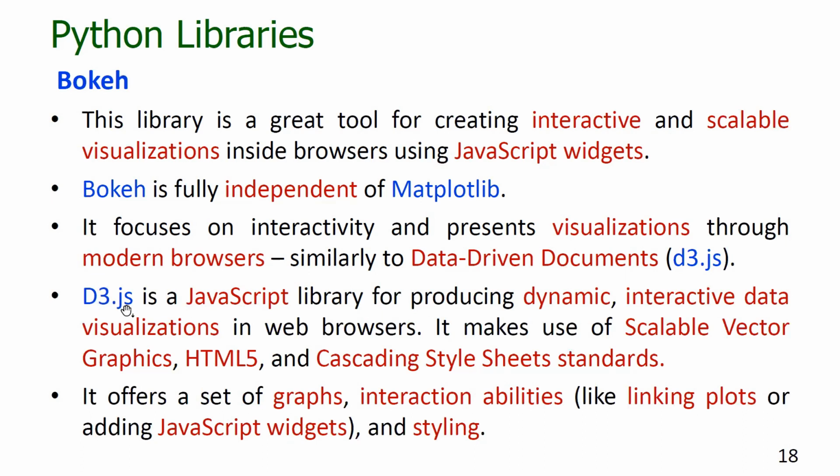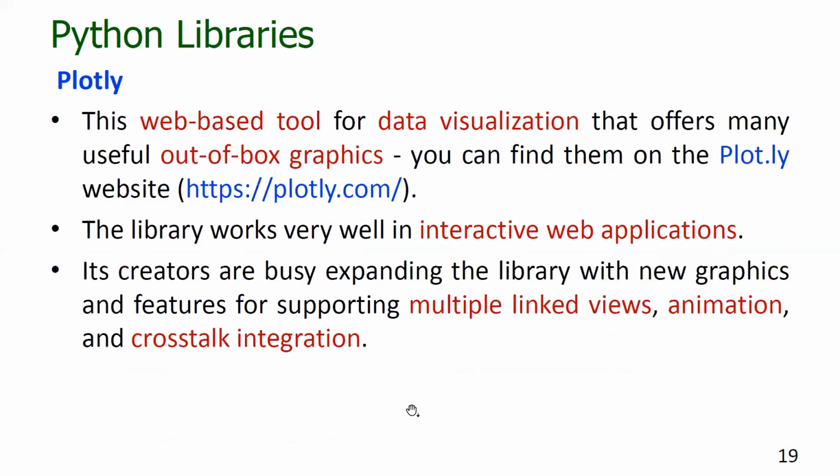D3.js is a JavaScript library which provides dynamic, interactive data visualization in web browsers. It also makes use of scalable vector graphics, HTML5, and CSS standards, cascading style sheets. It also offers a set of graph interaction abilities like linking plots or adding JavaScript widgets and styling formats.